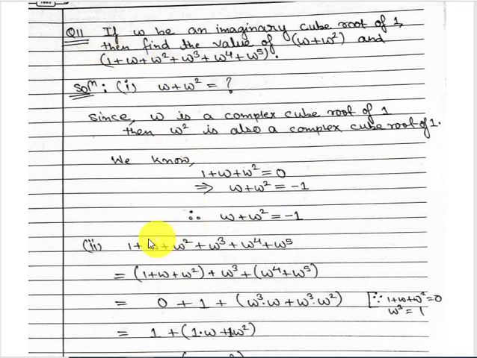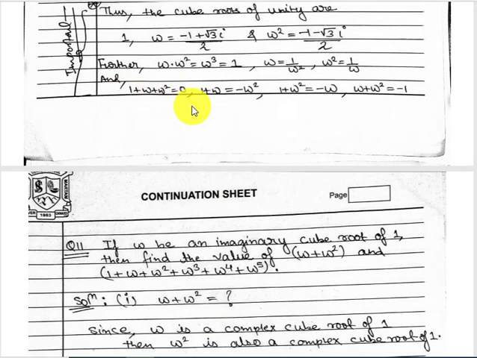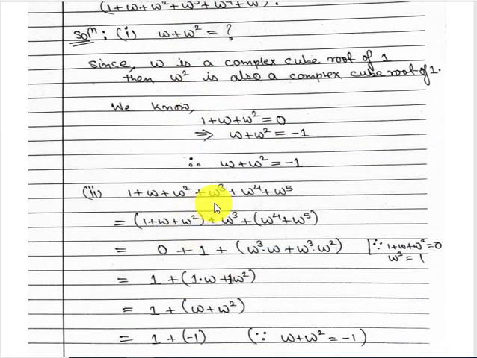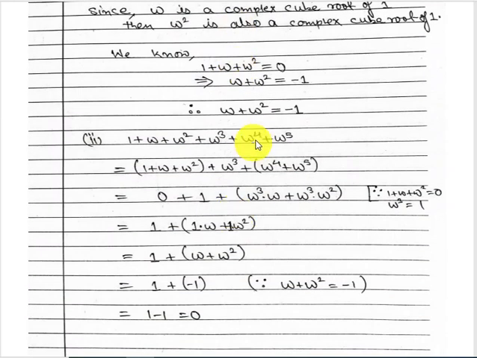Next question: 1 plus omega square plus omega cube plus omega to the power 4 plus omega to the power 5. If you see the first three terms, what is their sum? 0, see the relation. Then omega cube is 1.